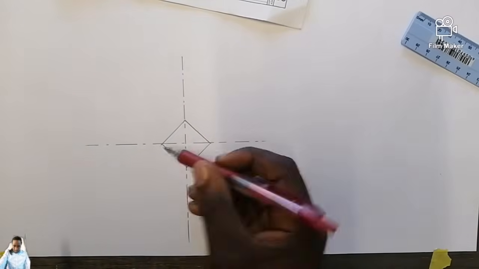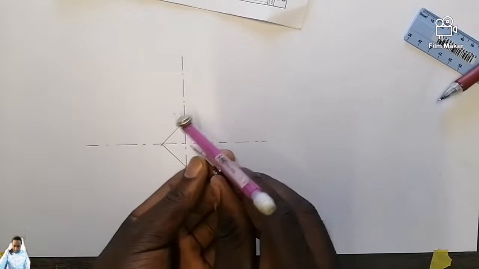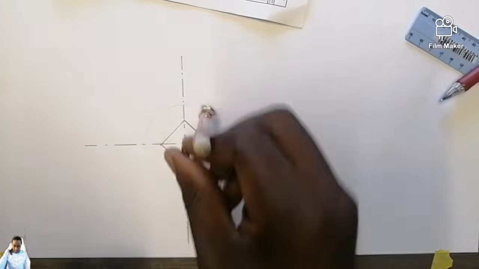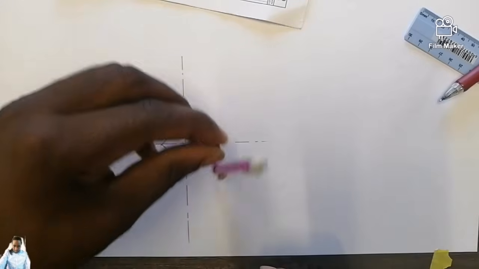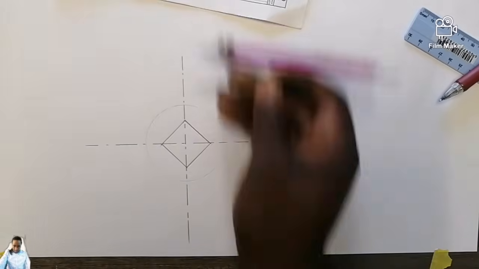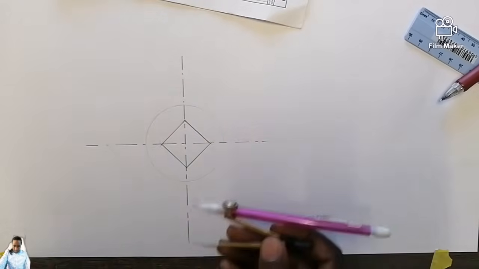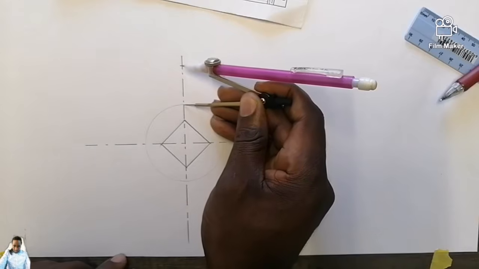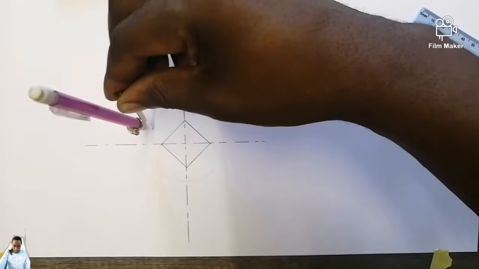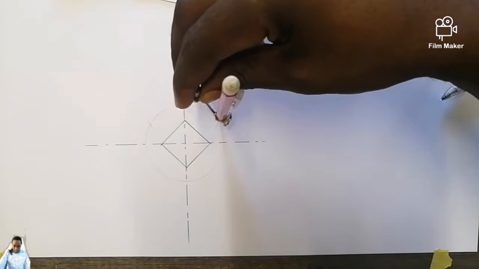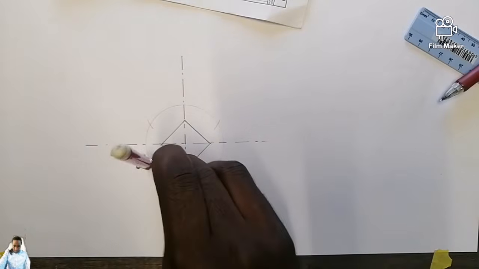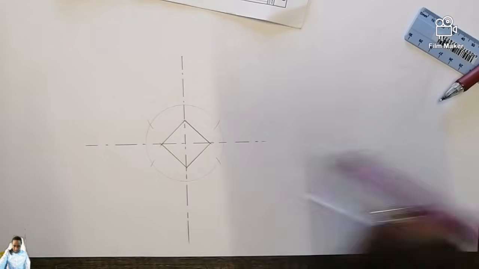Now I come to the center of my faint line and draw a faint line. Then I come up on the vertical center line, place my compass there, extended to the center, which is the radius. I give it a mark there and strike an arc, and I come to the bottom one and do the same thing, strike an arc there.